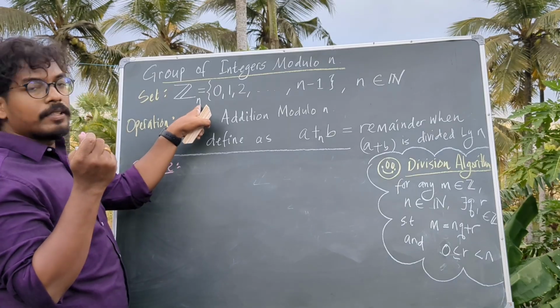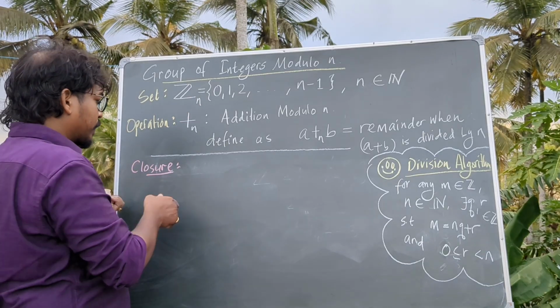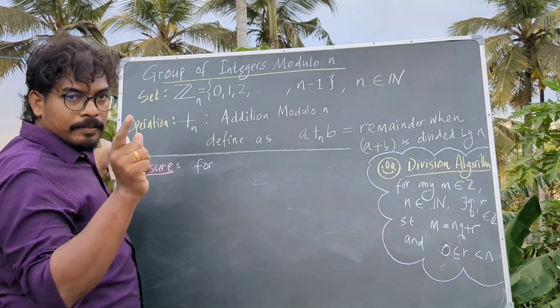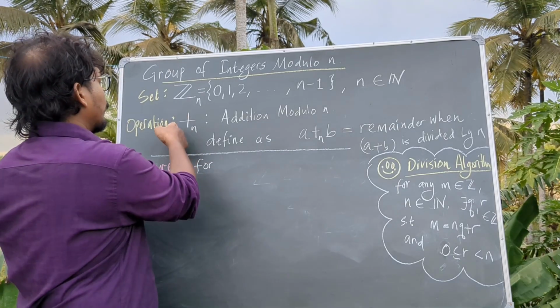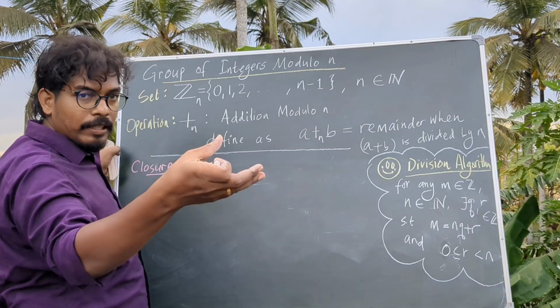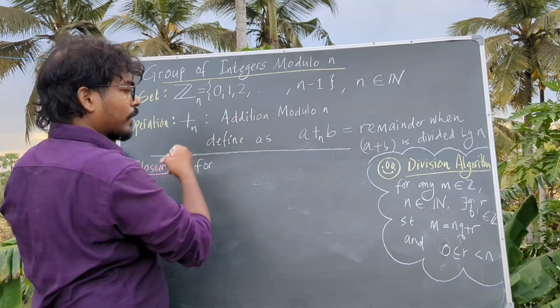Take any two elements of the set Zn. We'll show that when those two elements are operated by this addition modulo n, the result you get will also lie in this set.